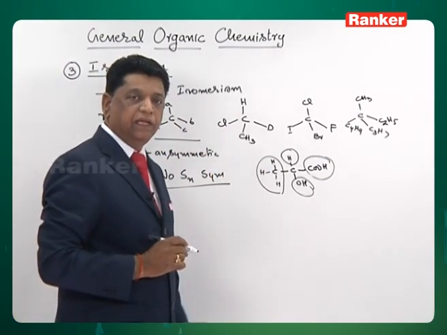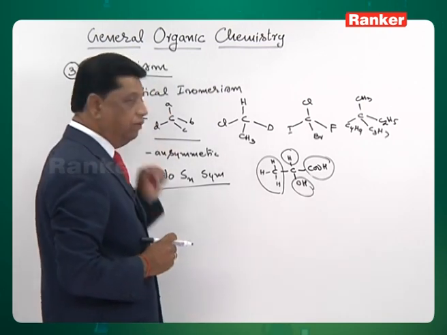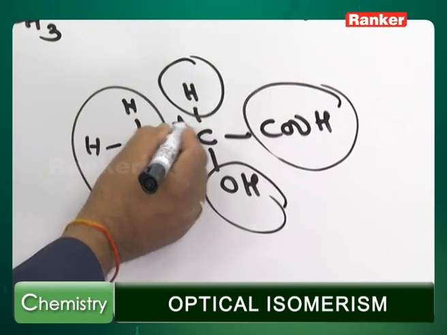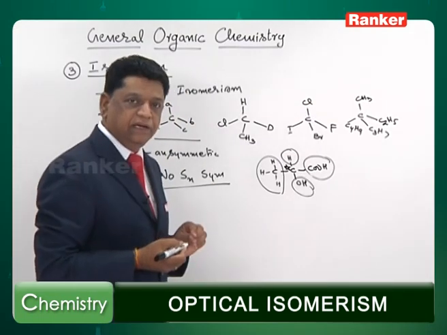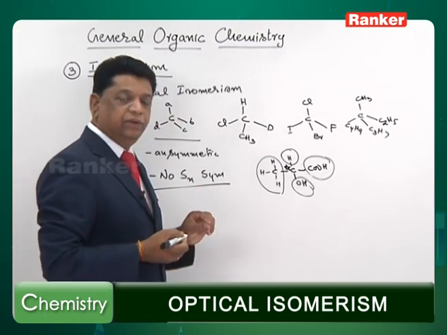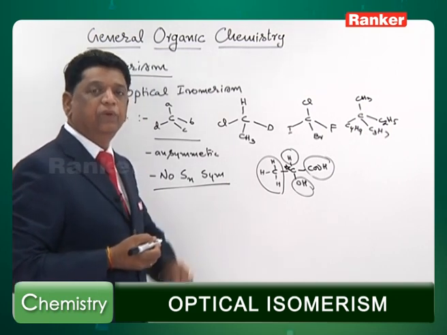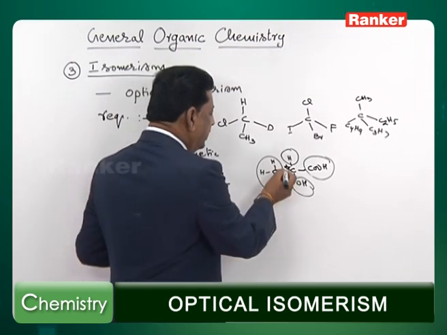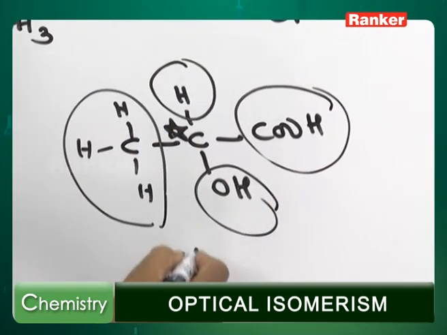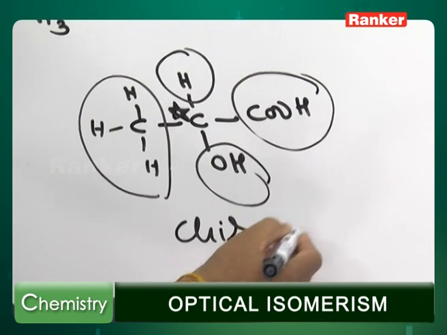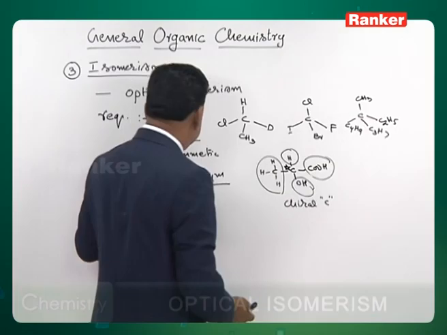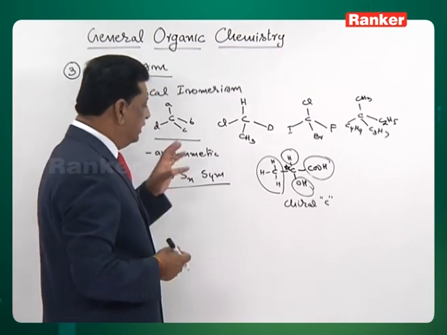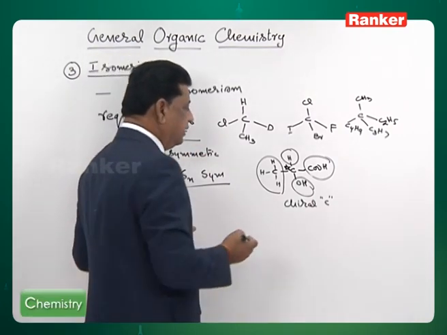Then this compound is eligible to show optical isomerism according to the low level understanding, and this carbon is often given a star mark so that we can recognize that due to this carbon it is going to show optical isomerism. This carbon is called a chiral carbon, or because it produces unsymmetry, it is also called an asymmetric carbon.